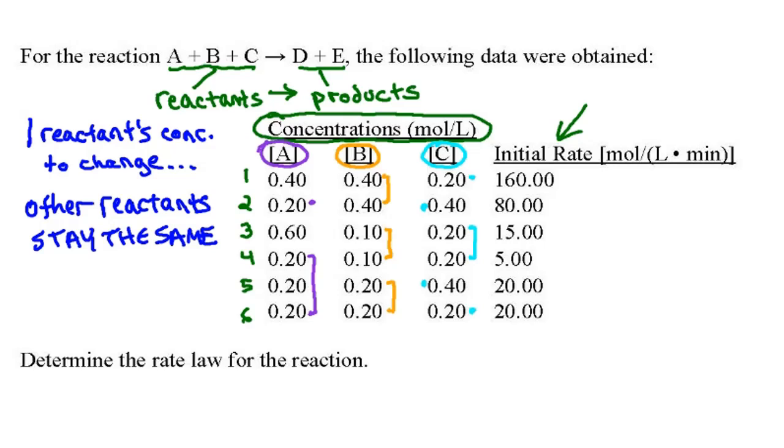So let's go back to A and see where the concentration of A changes. So the concentration of A changes between experiment 1 and experiment 3. But the concentration of B also changes between experiment 1 and 3. So we can't use that. So let's go back and X this out.